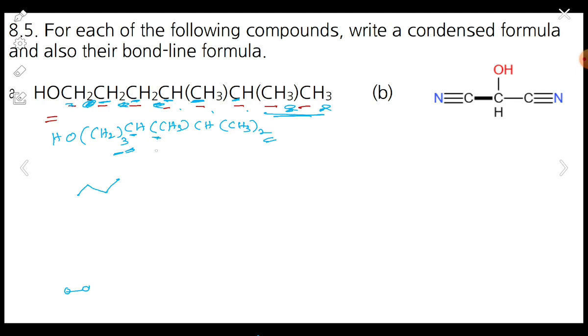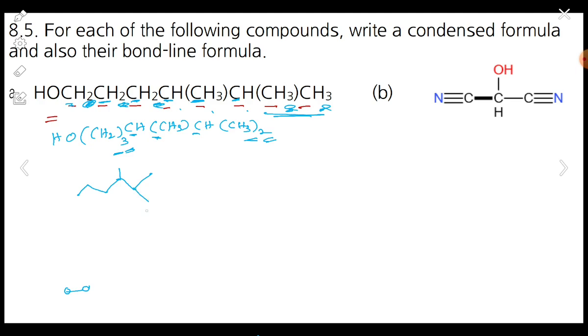How to write the branch? Branch you can write like this. Then fifth one, 5, and then there are 2. How will they be there? 1, and then one more in this direction.